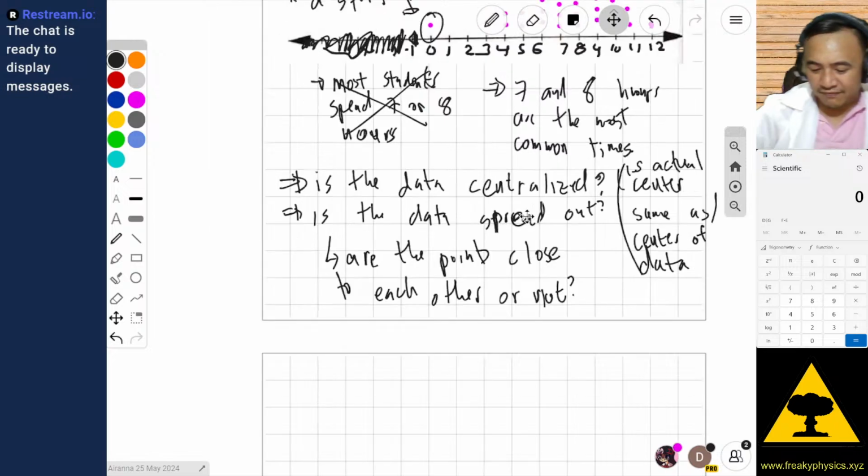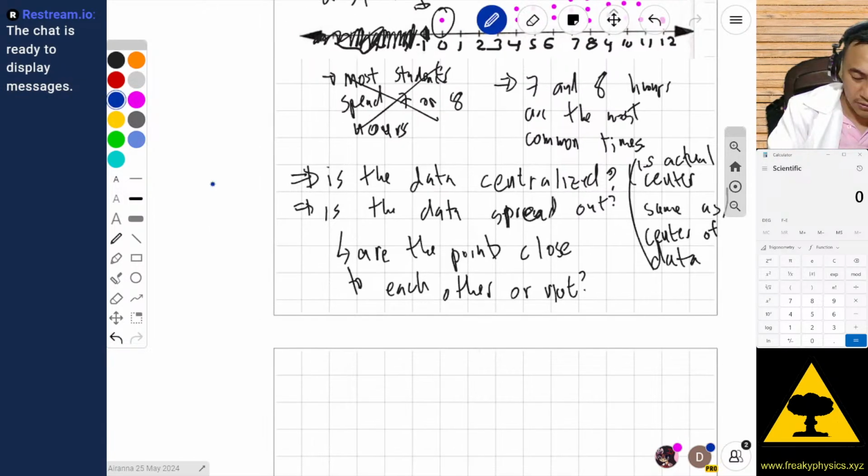All right. So what's the term for centralized data? This is what's called the normal distribution. And then this other one, spread out. The term here would be the deviation.